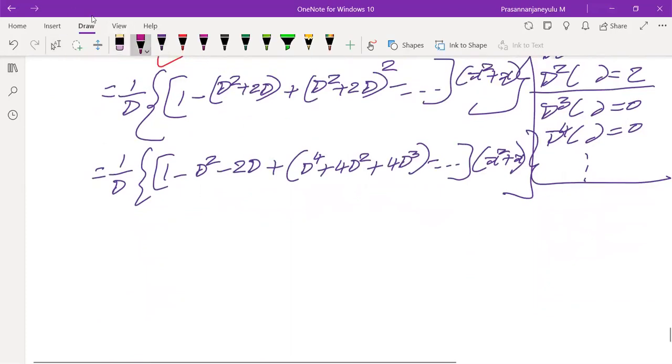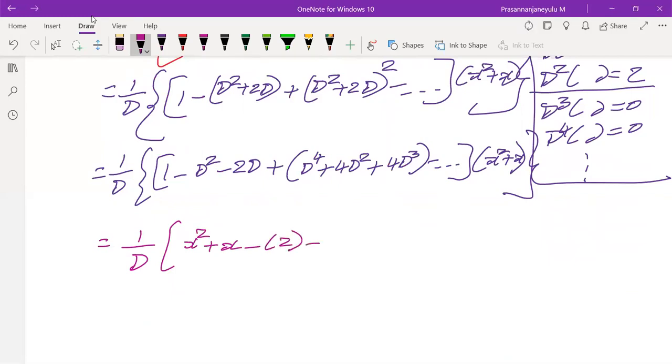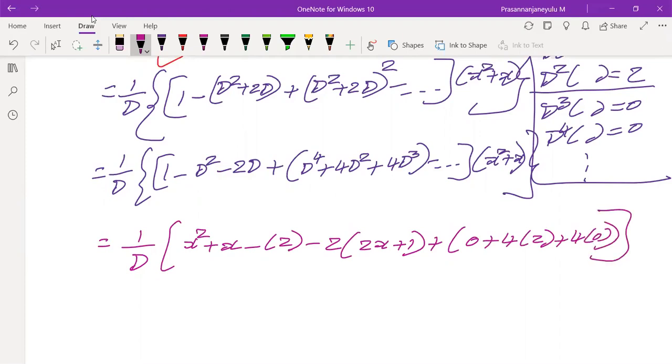We get 1 by D of the first term, 1 into x square plus x, is x square plus x, minus D square of x square plus x, which is 2, that we found just now in the rough work, D of x square plus x is 2x plus 1, plus D power 4 of x square plus x is 0, plus 4 into D square of x square plus x is 2, plus 4 into D cube of x square plus x is 0. If we go for the next terms, we are also going to get zeros only.